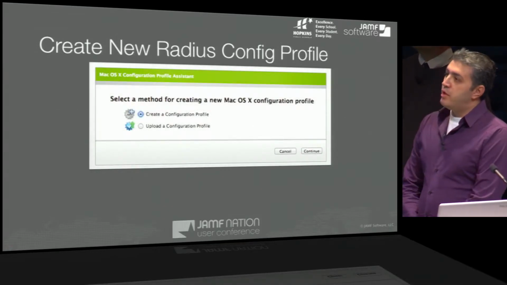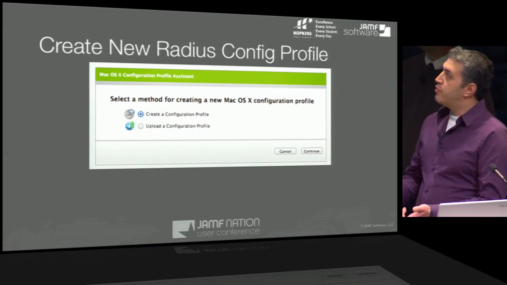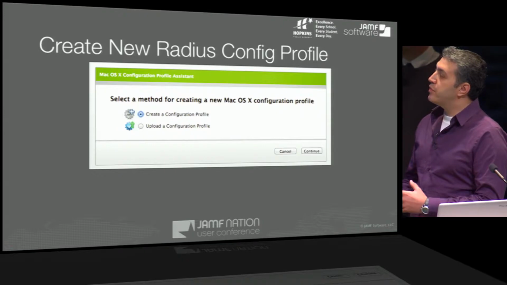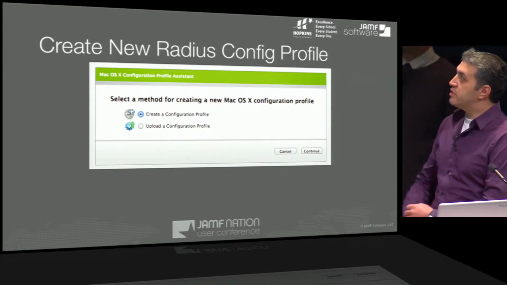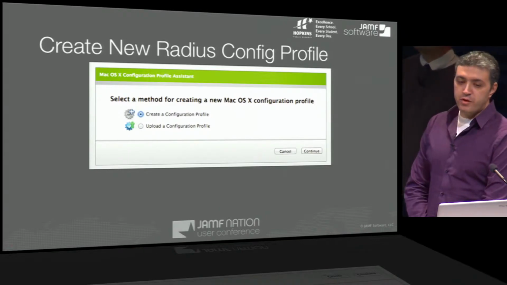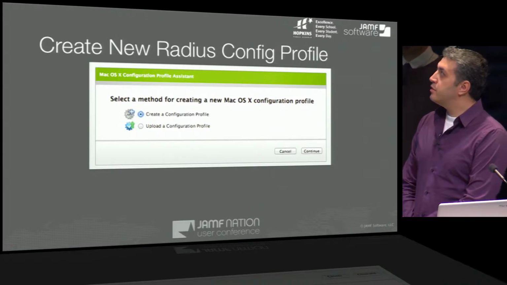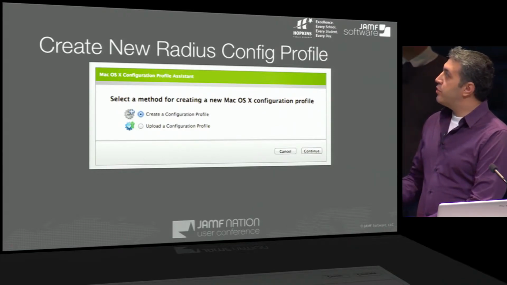So I'm going to walk through several different scenarios that we have for Mac OS X, iOS, and carts versus one-to-ones. This is an OS X configuration profile for 10.7, 10.8 clients. Basically, we start with a new configuration profile.